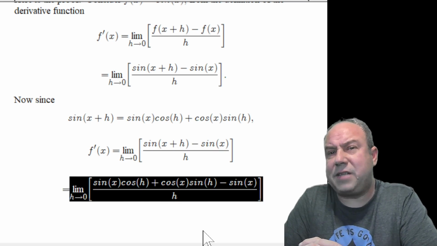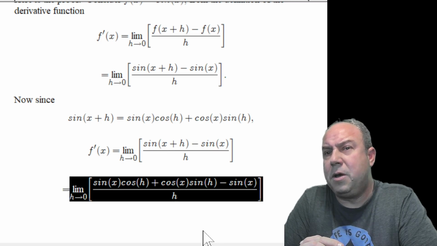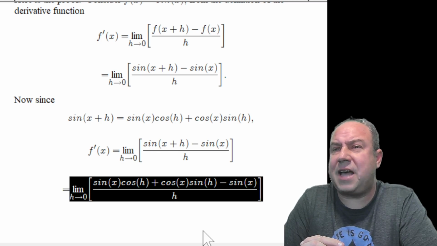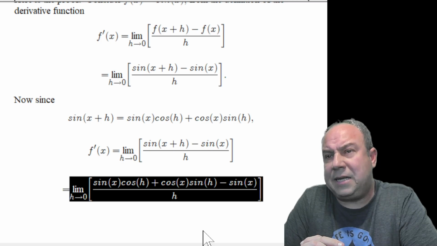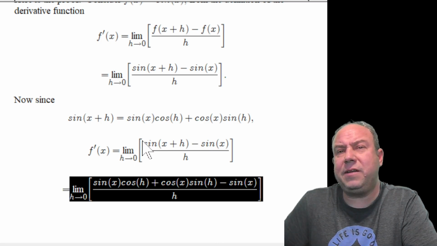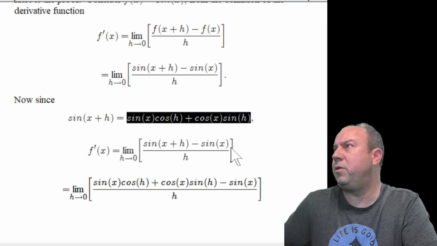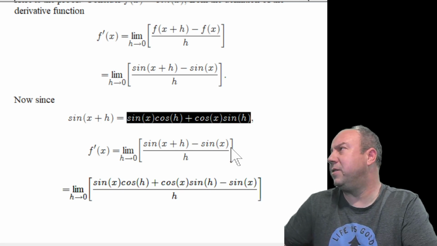The limit as h heads to 0 of the sine of x times the cosine of h, plus the cosine of x times the sine of h, all minus the sine of x, divided by h. Substituting in for this sine of x plus h, this result we recall from trigonometry.